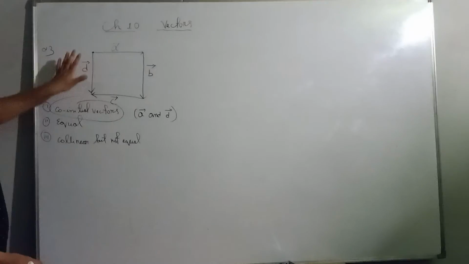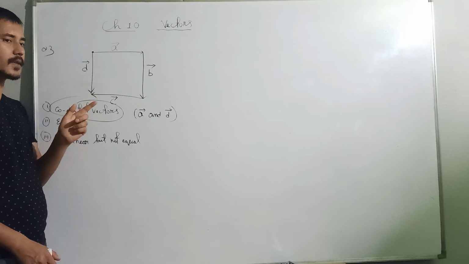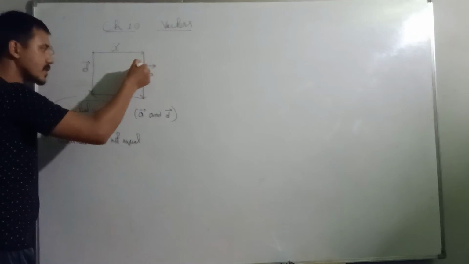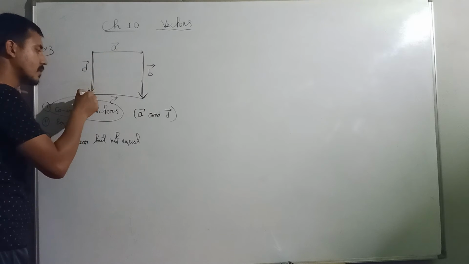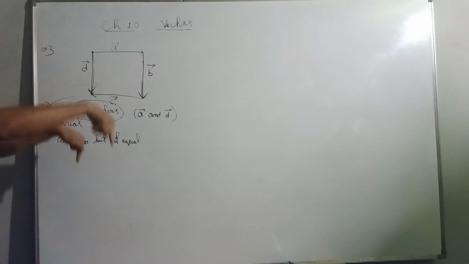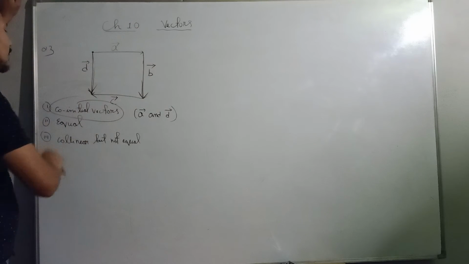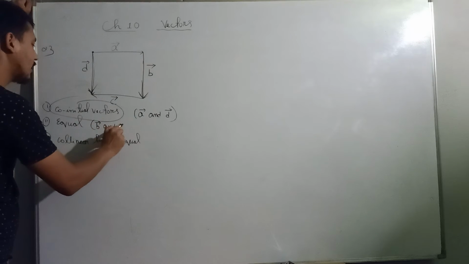The magnitudes of all 4 vectors are equal because they are the sides of the square, so you need to check the direction. Vector B is in this direction, vector D is also in this direction. Both are acting downwards, so they have the same direction and equal magnitude. So vectors B and D are equal.